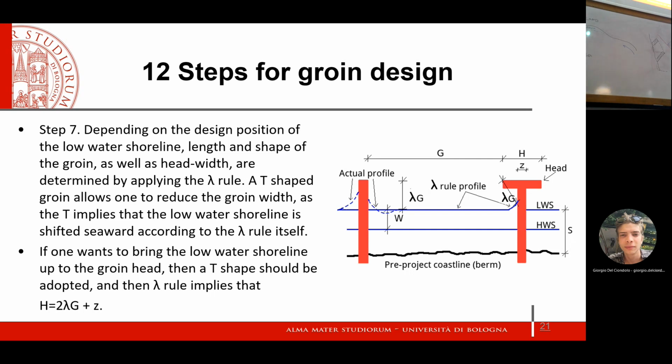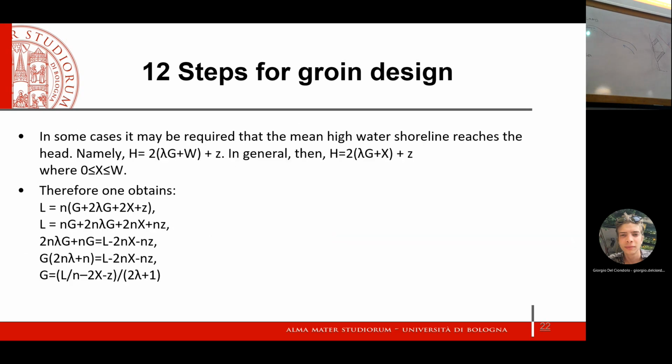But in any case, it's important to notice that the condition that you see on the bottom of the slide reflects this assumption. We want the low water shoreline after the intervention to be brought up to the end of the groin. Good. Now let's make some development on this condition. In some cases, it may be required that the mean high water shoreline reaches the head.